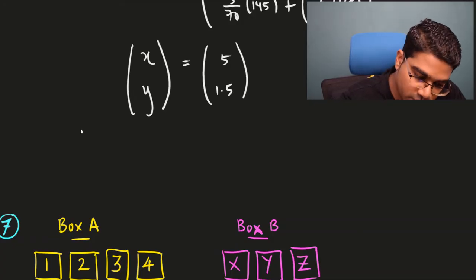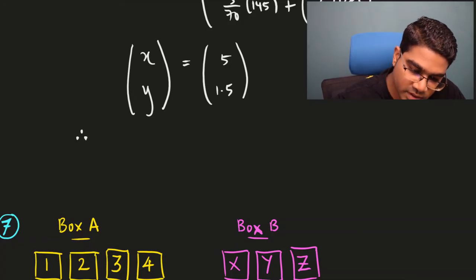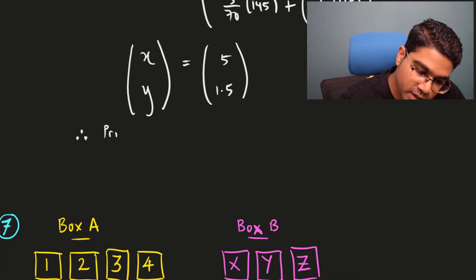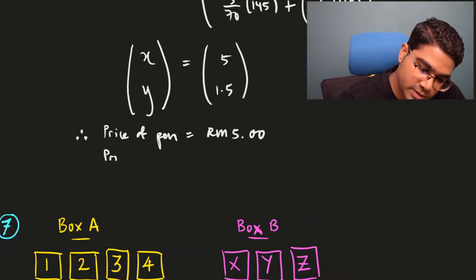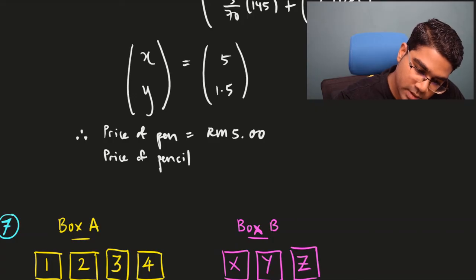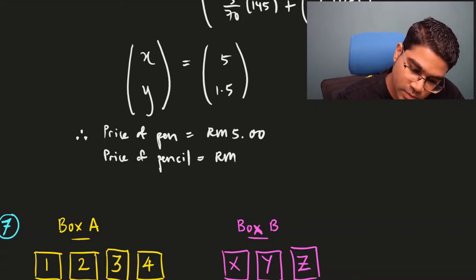So we need to write a short statement here. Therefore, price of pen is 5 ringgit and price of pencil is 1 ringgit and 50 cents.